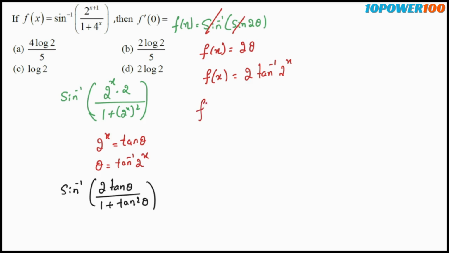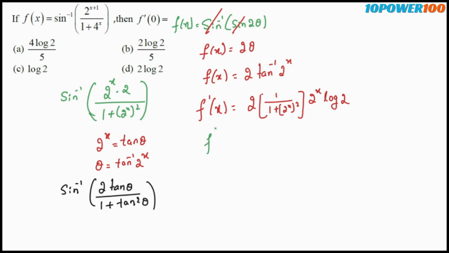If we differentiate this, we get f dash of x is equal to 2 times the derivative of tan inverse of 2 power x, which is 1 by 1 plus 2 power x the whole square into the derivative of 2 power x. This is a power x formula. So the differentiation of 2 power x is 2 power x into log 2. Now let's rewrite this further.